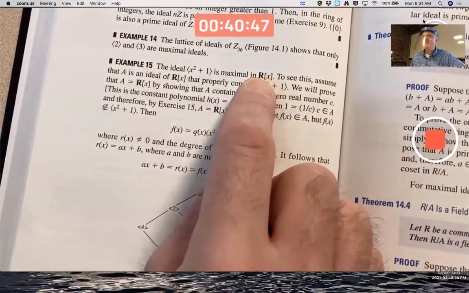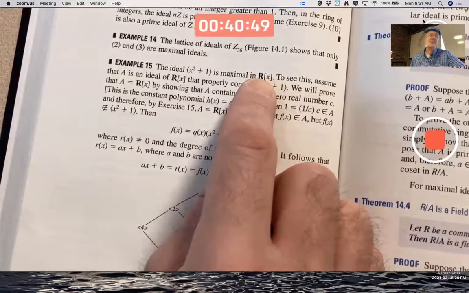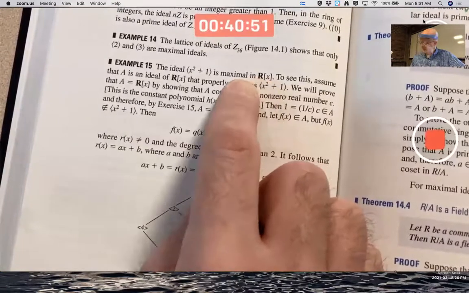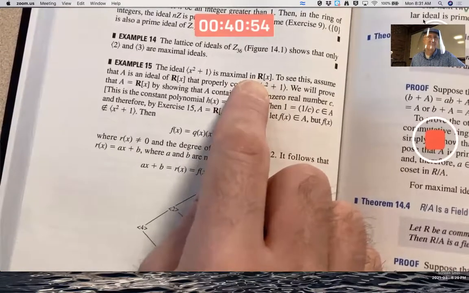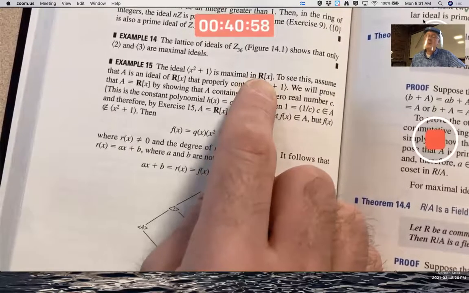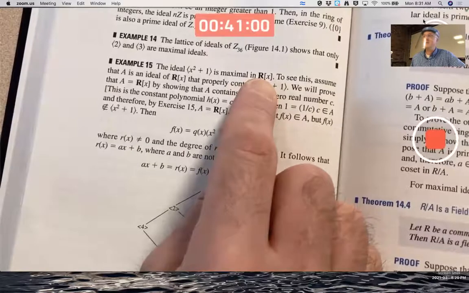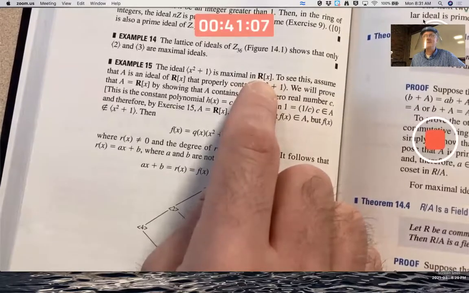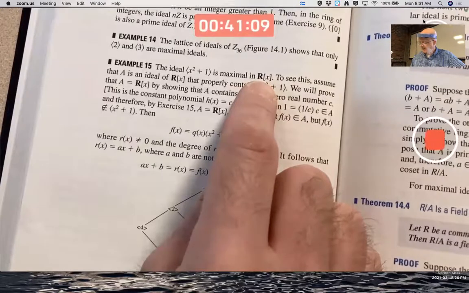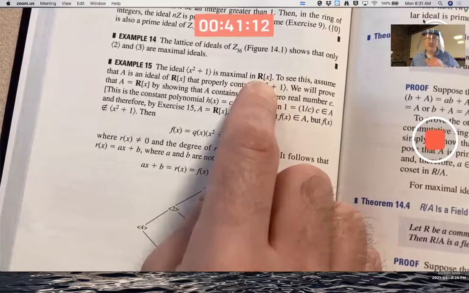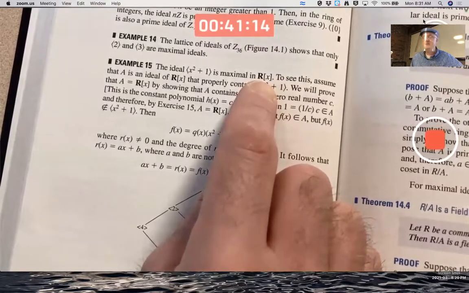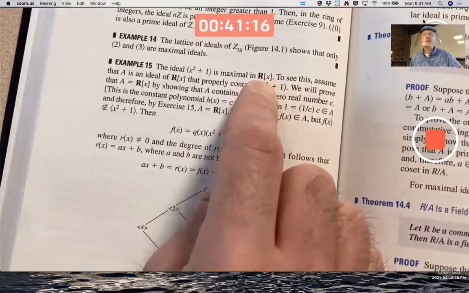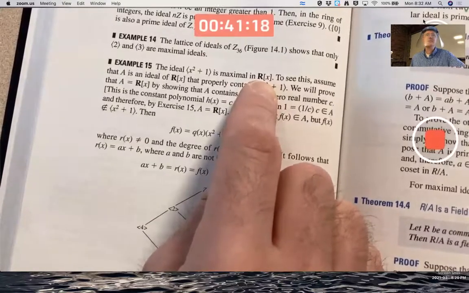In fact, rings of polynomials are never fields, never ever, even when the coefficients come from a field. When the coefficients come from a field, it's an integral domain, but it's not going to be a field. That's an example of an infinite integral domain that's not a field. Rings of polynomials are never fields because any polynomial of degree higher than 0 can't possibly have a multiplicative inverse.